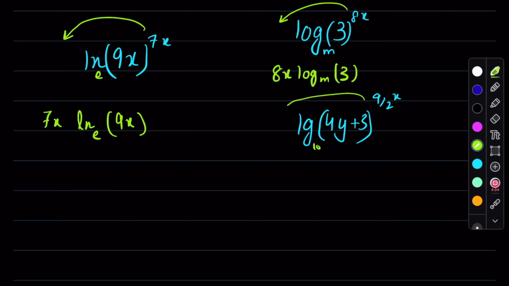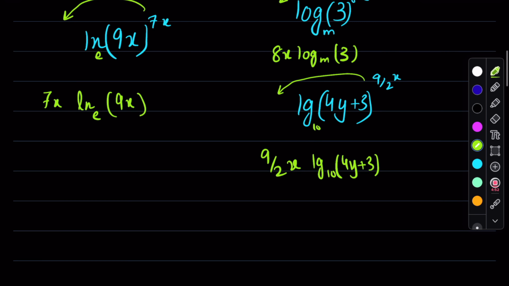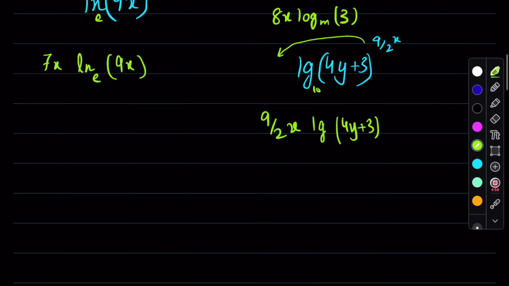So 9 by 2x can be shifted backwards and will become the coefficient of the entire lg function. So it becomes 9 by 2x, or you can also write 4.5x, lg of 4y plus 3. Do not write 10, it's not suitable. Just write lg. Okay.